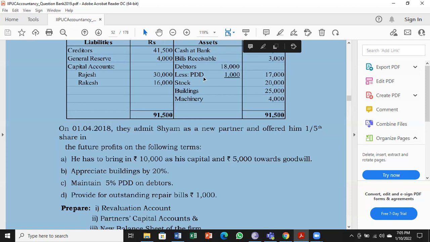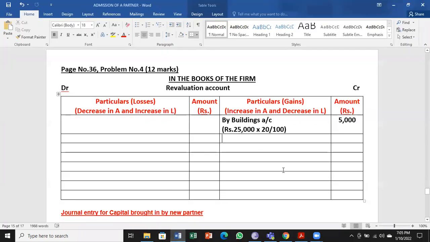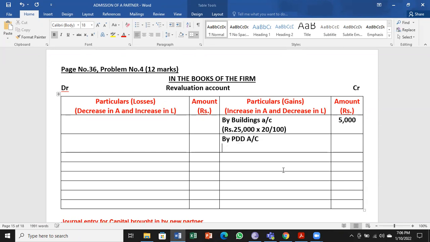When the PDD reduces, the loss reduces or the liability reduces. So we have to enter on the credit side, PDD account. So how it goes, let's see. 18,000 into 5% is equal to 900 rupees. That's what they say.